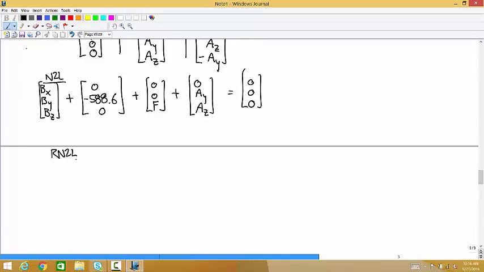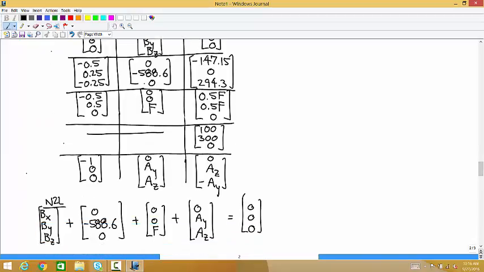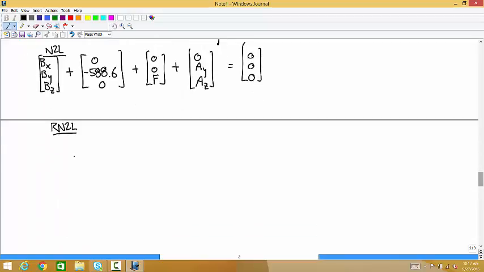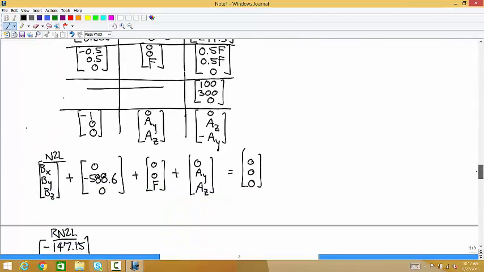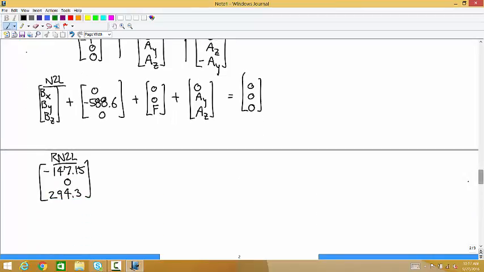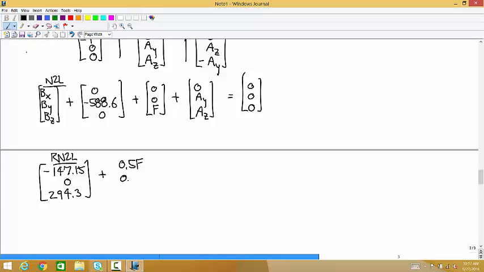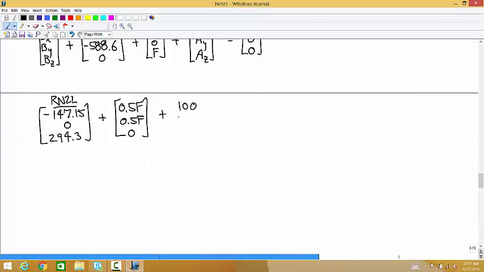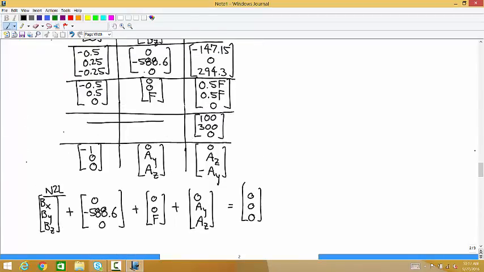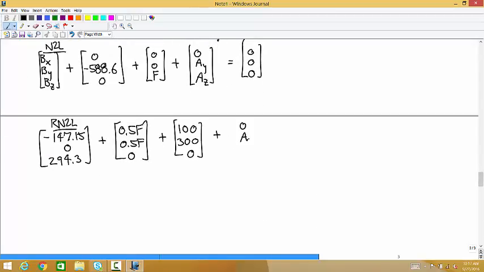And then the moment equation says -147, 0, 294, plus 0.5F, 0.5F, 0, plus 100, 300, 0, plus 0, AZ, negative AY, is equal to zeros.